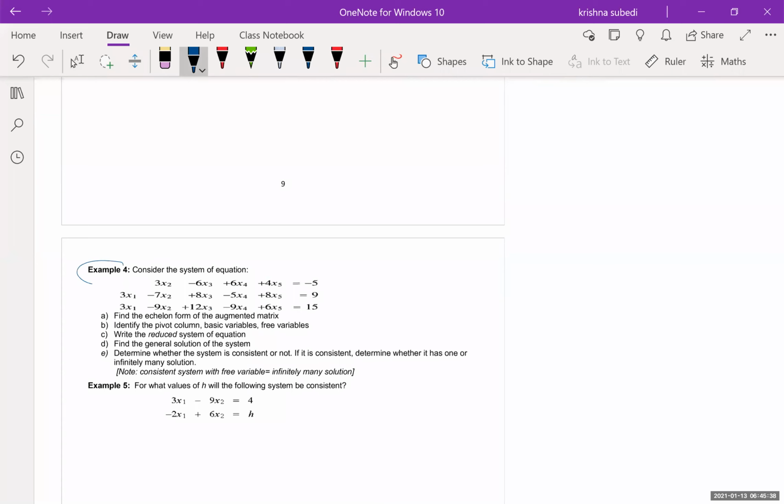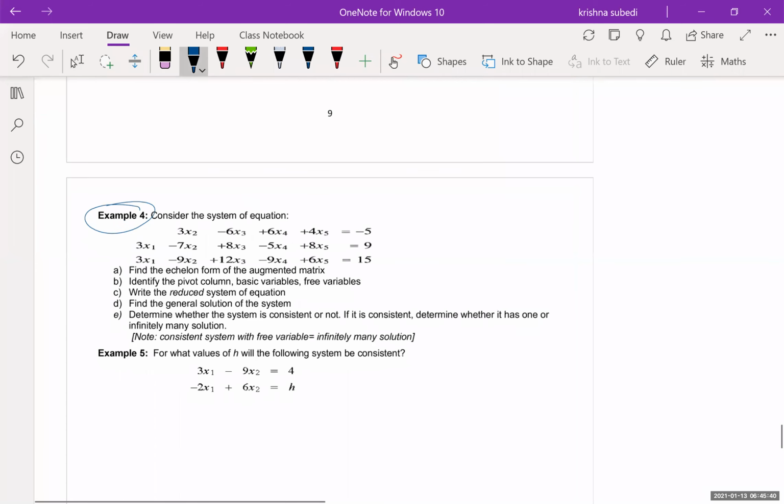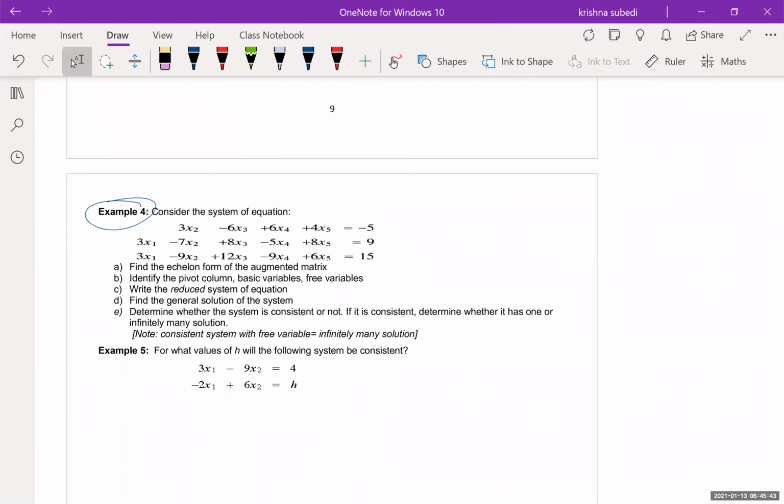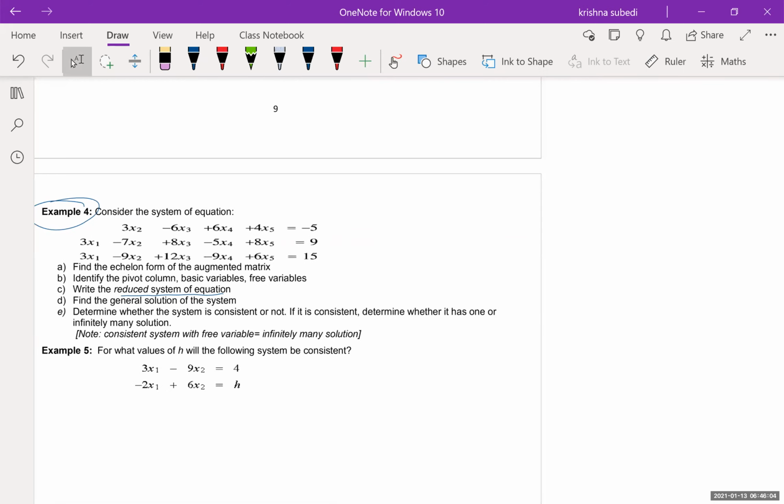Let's try example 4, and then we take a break. Consider the system of equations. Find the echelon form of the augmented matrix. Identify the pivot column, basic variable, free variable. Write the reduced system of equations and find the general solution of the system. So let's work on example 4.